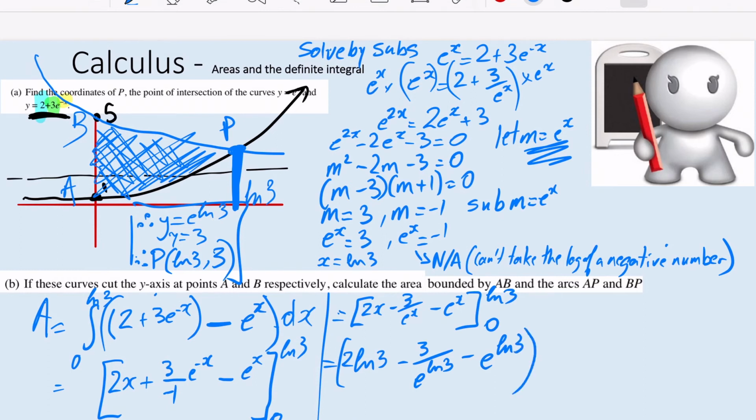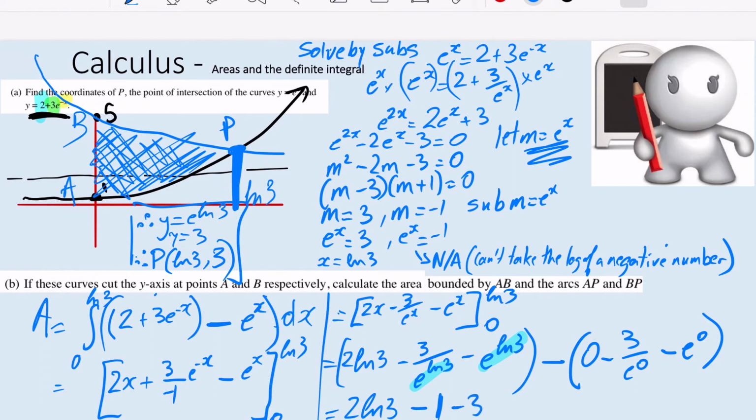Okay, then minus 2 times 0 is 0, minus 3 over e to the power of 0 minus e to the power of 0. Okay, very, very quickly, e to the power of log of 3, that's just going to give us 3. Okay, so I've got 2 log of 3 minus 3 over 3, which is 1, minus 3. Okay, minus 0.